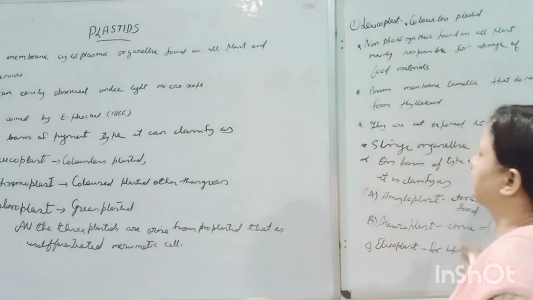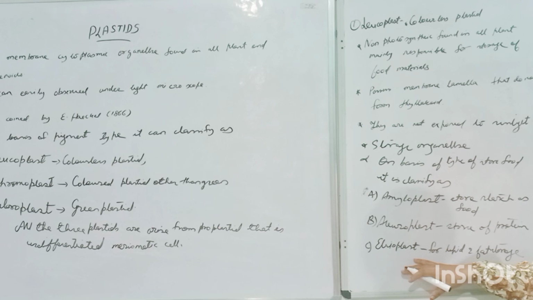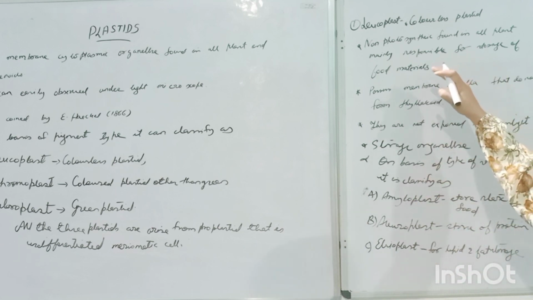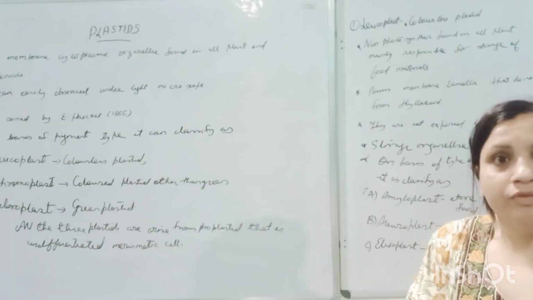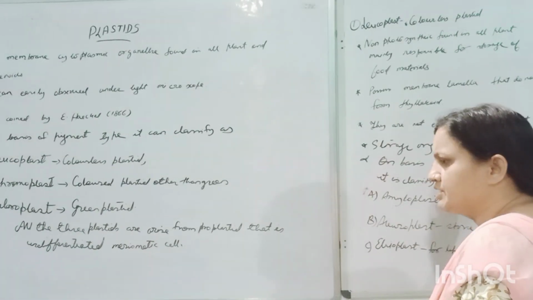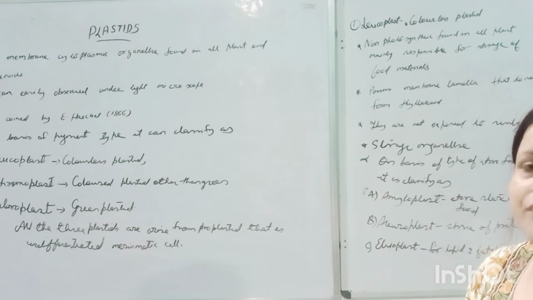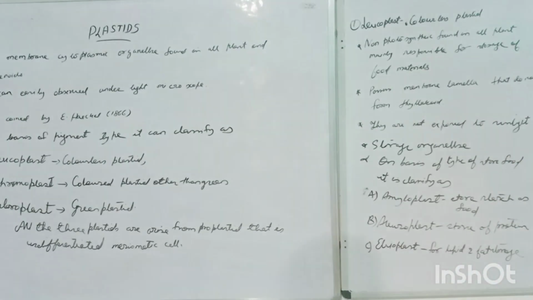So these are the types of leucoplast: amyloplast, aleuroplast, and elaioplast, all come under leucoplast, mainly responsible for the storage of food material. The food is stored in different forms, either fat, protein or starch, and accordingly it is differentiated.